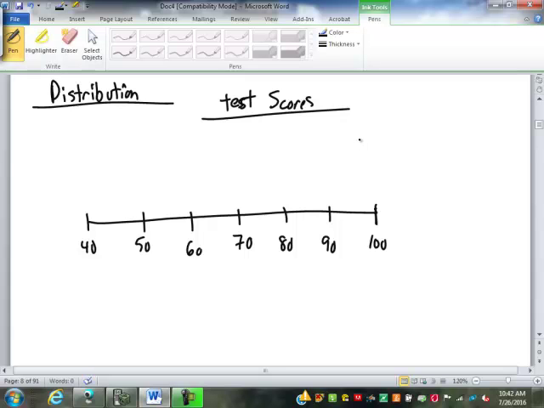And I'm going to keep track of how people test. So let's say that the first year I give the test, I had someone that scored like a 46, a 64, a 72, an 81, a 92, a 93, a 98, 77, 85, and a 61.